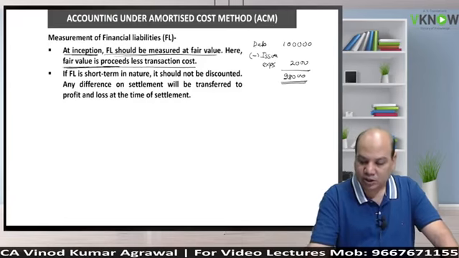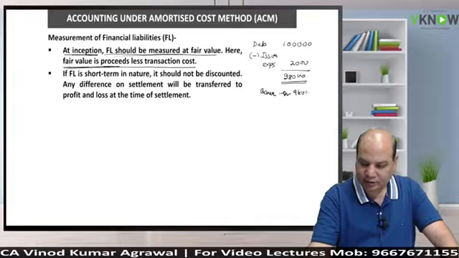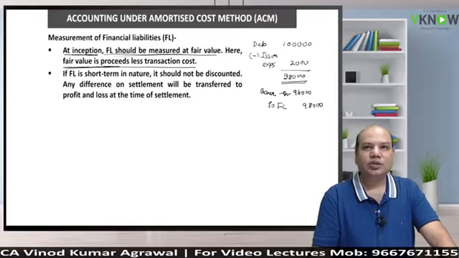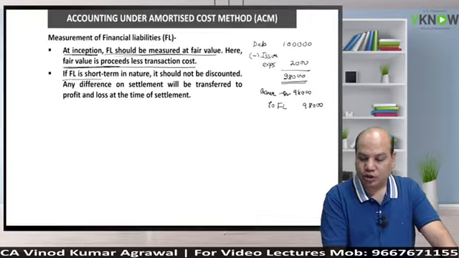So we will pass an entry: bank account debit 98,000 to financial liability 98,000. That's it.